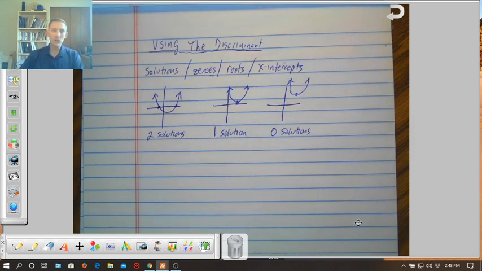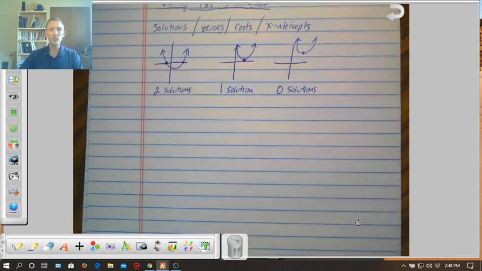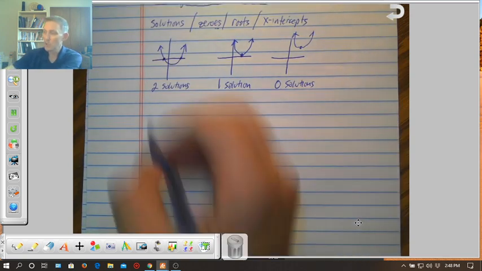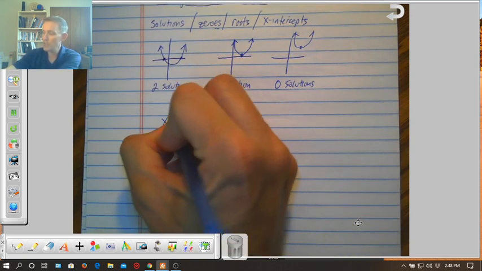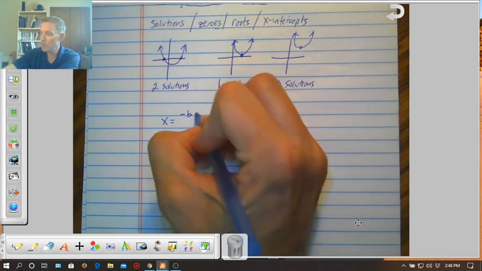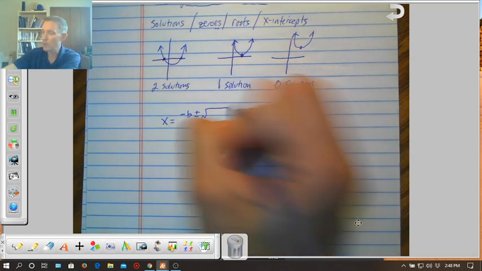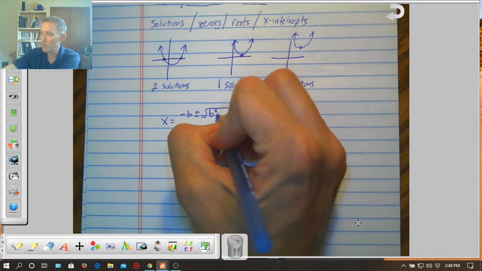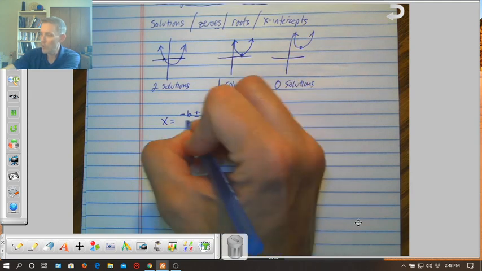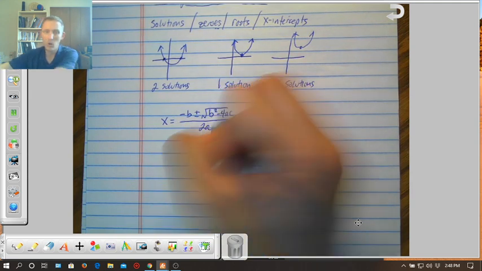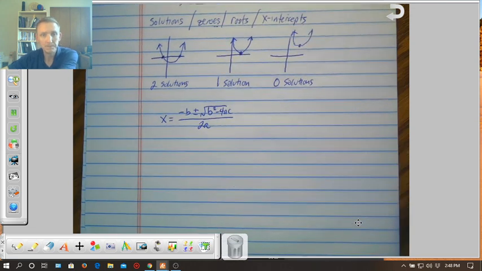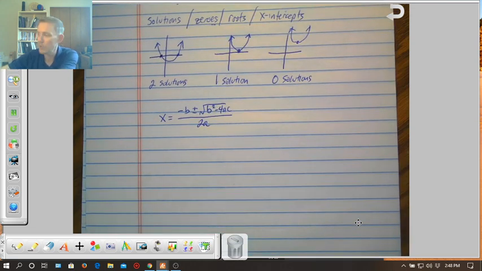So we're now going to review the quadratic formula. The quadratic formula was x equals the opposite of b, plus or minus the square root of b squared minus 4ac, all over 2a. So this is our quadratic formula.